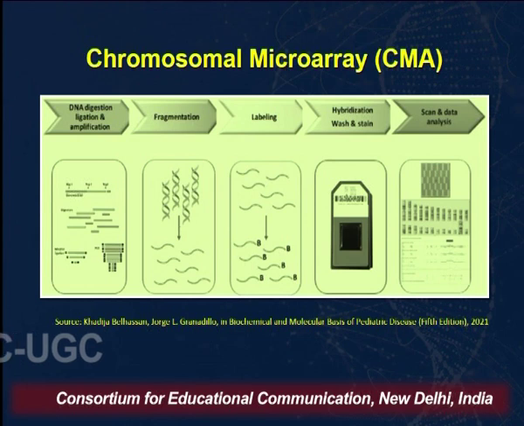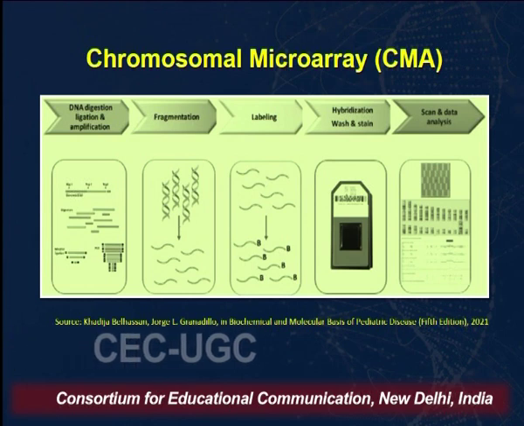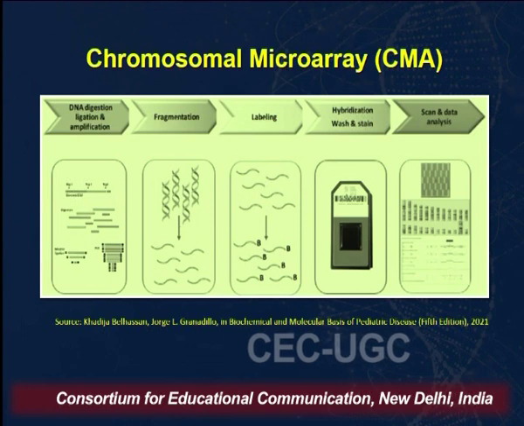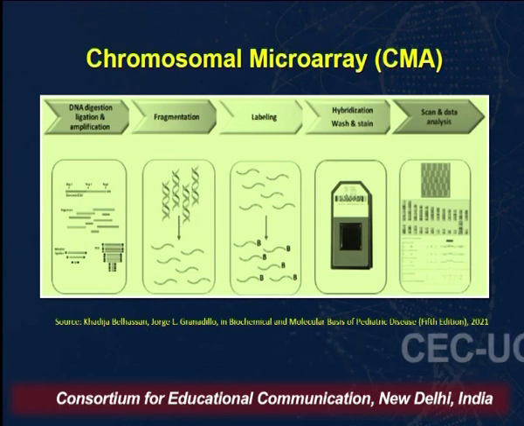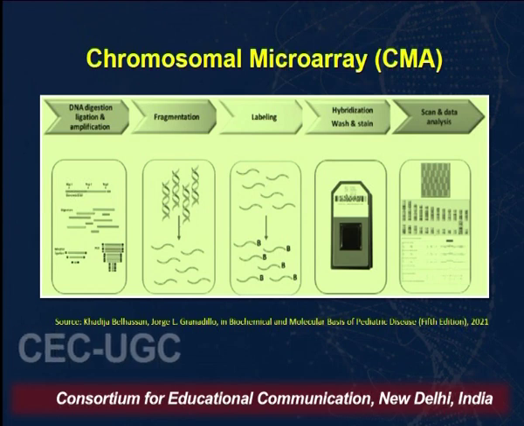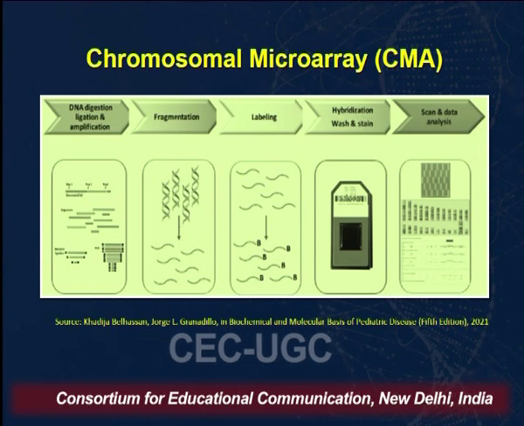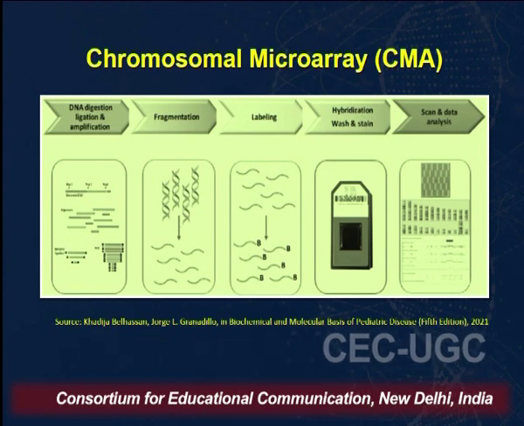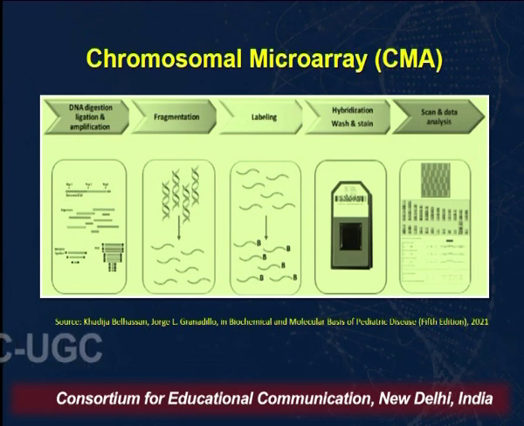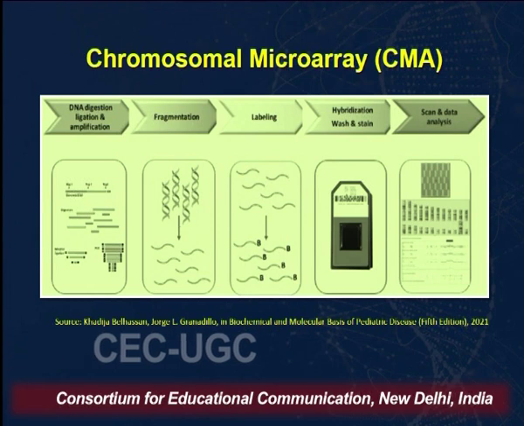Now, if we see the diagrammatic representation over here, this shows that each of these microarray plates contains the genome or all sets of chromosomes which are present. Then the probes are added over there, and they go and bind to those particular areas to check whether there are deletions or duplications.